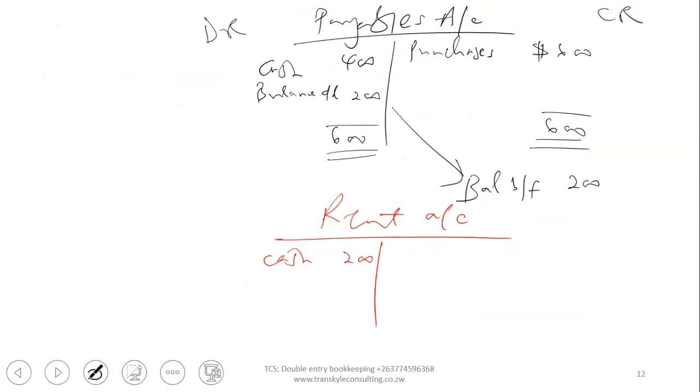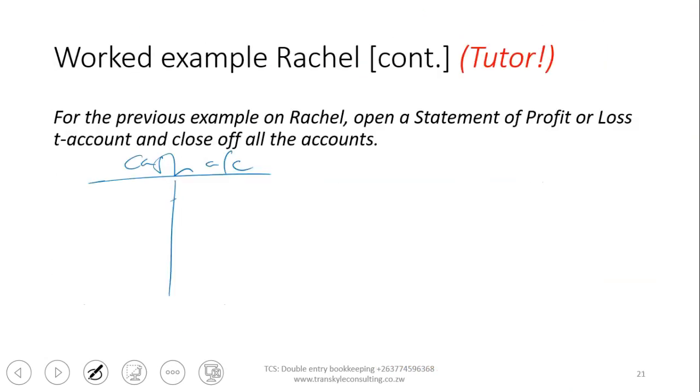So we just extract that one as it is. So we are having the balance of 4,100. So the cash account is not a problem.